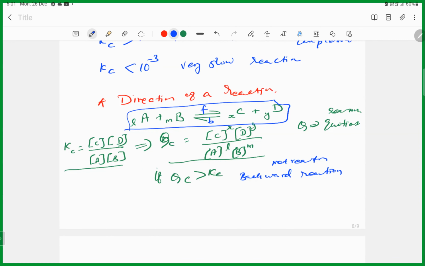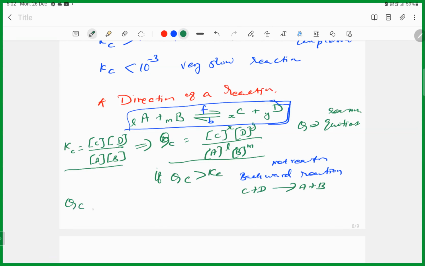If Qc is greater than Kc, then the net reaction becomes backward. I told you. What is that reaction? Sir, tell the name of the reaction? You have to say which direction, which is the reactant and which is the product. For this reaction, what name can we give? In this reaction, is it forward direction or backward direction? What did I say? Net reaction towards backward direction. Then which one is the reactant? Are you able to follow or not? So this becomes favored. Understood?